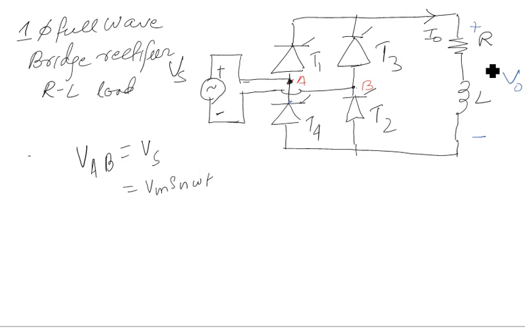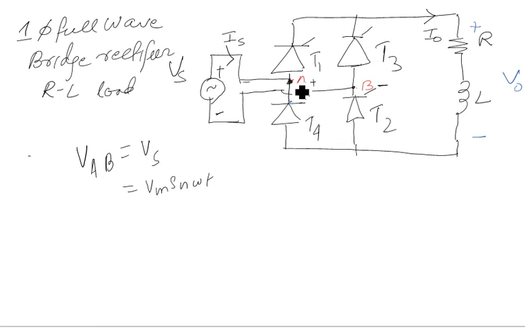Let us first assume the current direction I naught like this, the V naught potential like this, and the source current like this, Is. If the source current reverses, I can assume that it is negative. Here A potential will be positive and B potential will be negative.